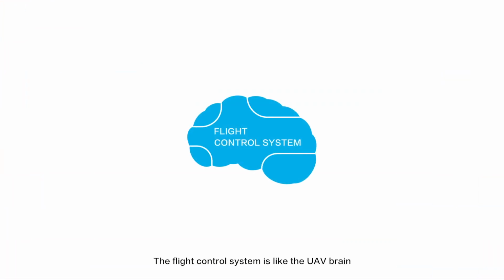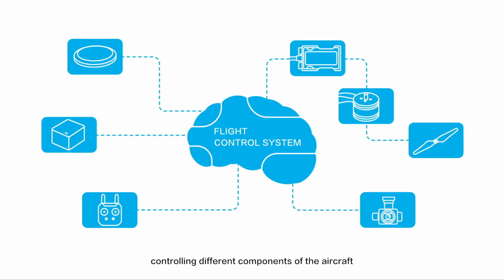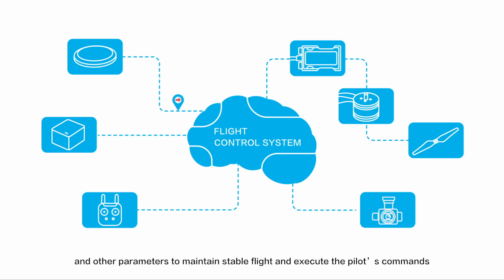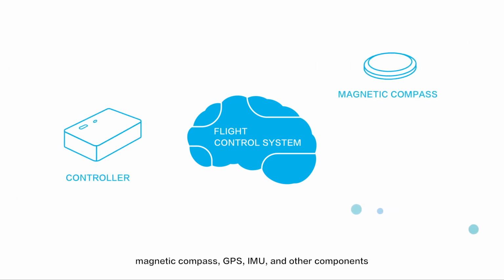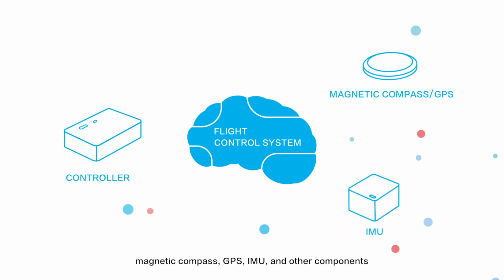Flight control system is like the UAV brain, controlling different components of the aircraft. By analyzing the data from different sensors, this system determines the aircraft position, altitude, flight direction, and other parameters to maintain stable flight and execute the pilot's commands. The flight control system includes a controller, magnetic compass, GPS, IMU, and other components.